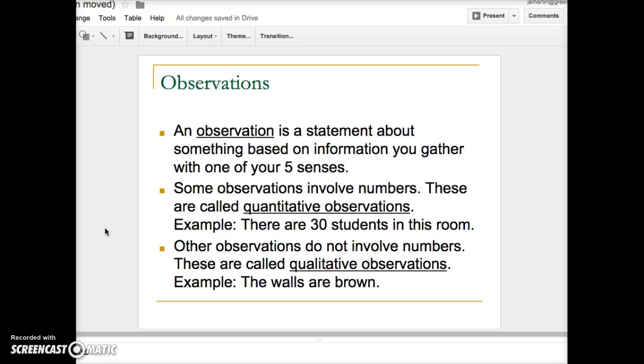Observation. The back wall in our So again, your two observations are quantitative, it involves numbers, or qualitative, there's not any numbers.